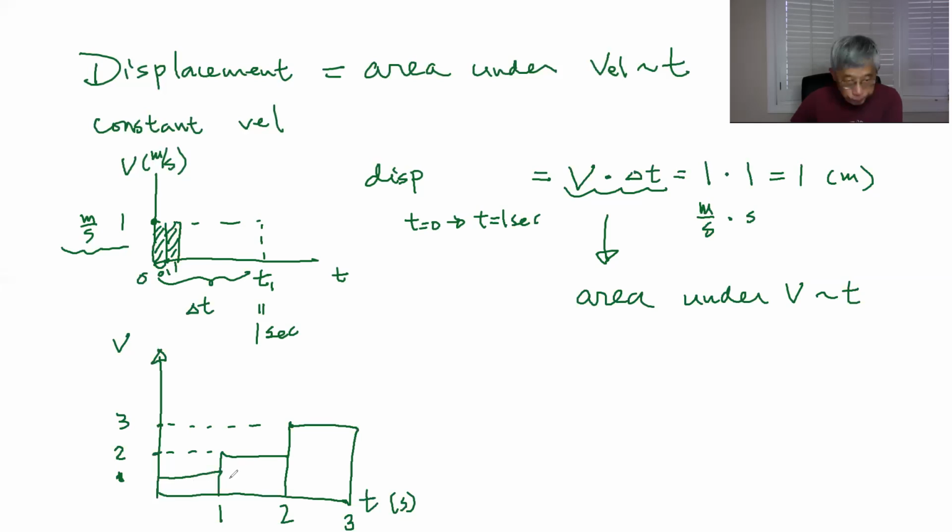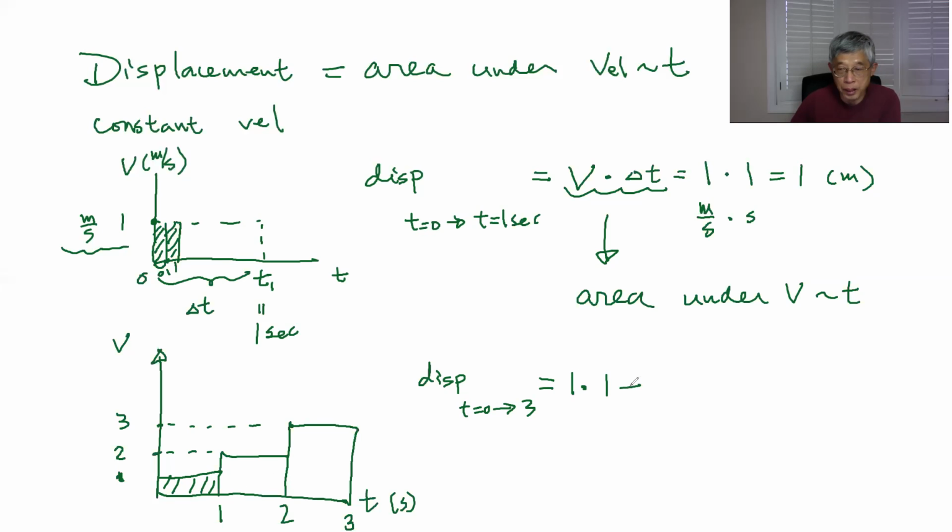So then we know the displacement from time equal to 0 to 3 is equal to this area here, which is 1 times 1. And then the next one is going to be 2, because it's a rectangle, so plus 2 times 1 again.